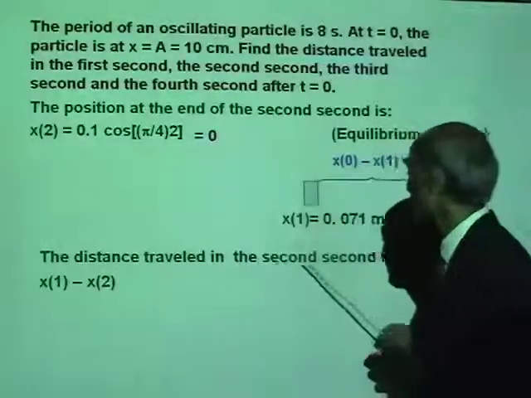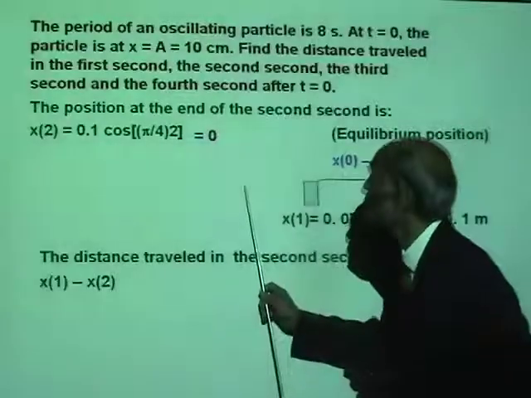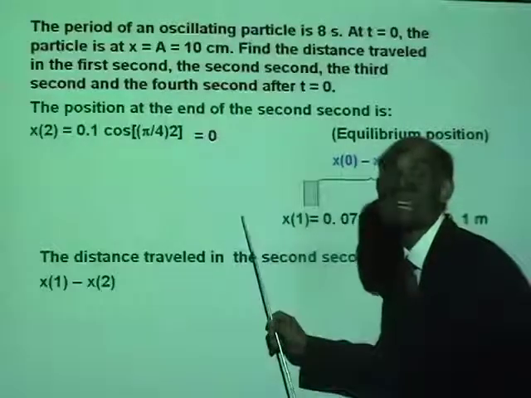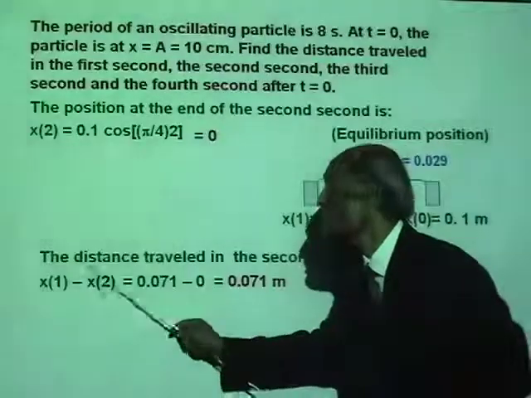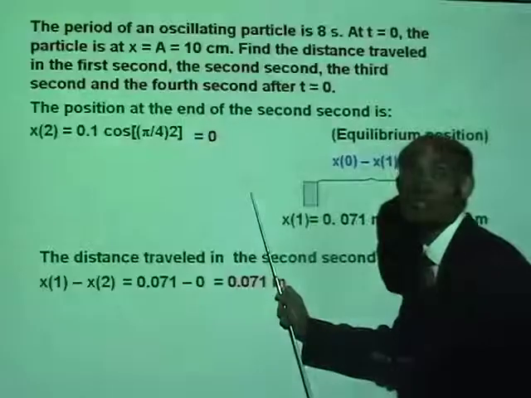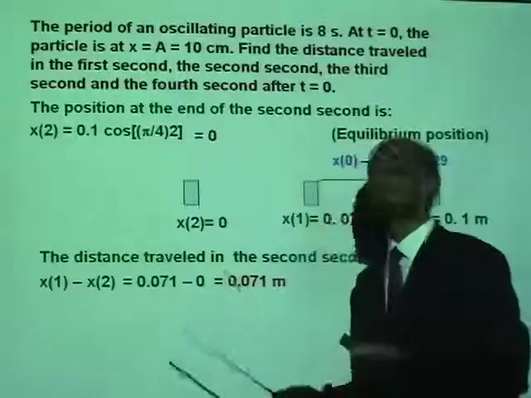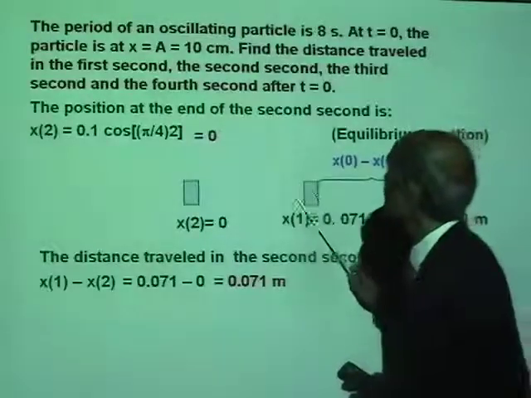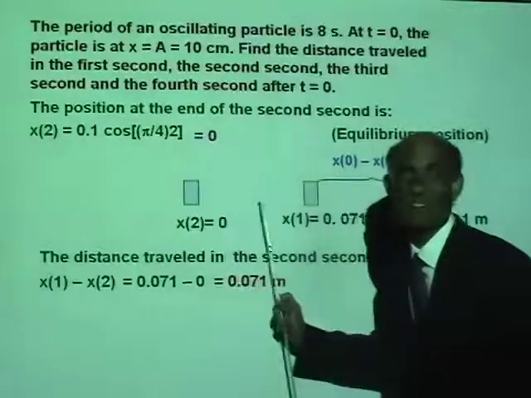The distance traveled in the second second will be x1 minus x2, because it is at this point at the end of the second second. Then the distance traveled will be this position minus that position. X of 2 equal to 0. This is the second second. You see?